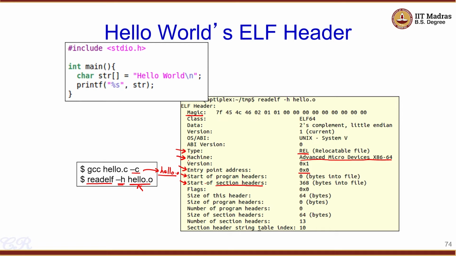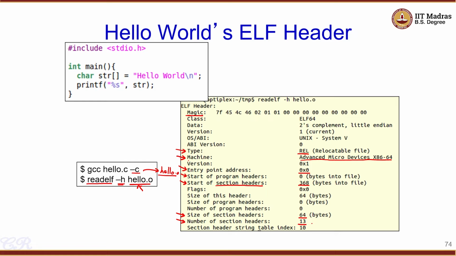Here we see that the pointer to section headers, or the start of the section headers, is at 368 bytes. This means that at an offset of 368 bytes in this hello.o is where you would find the section headers. We can also see that the size of the section headers is 64 bytes, and the number of section headers is 13.